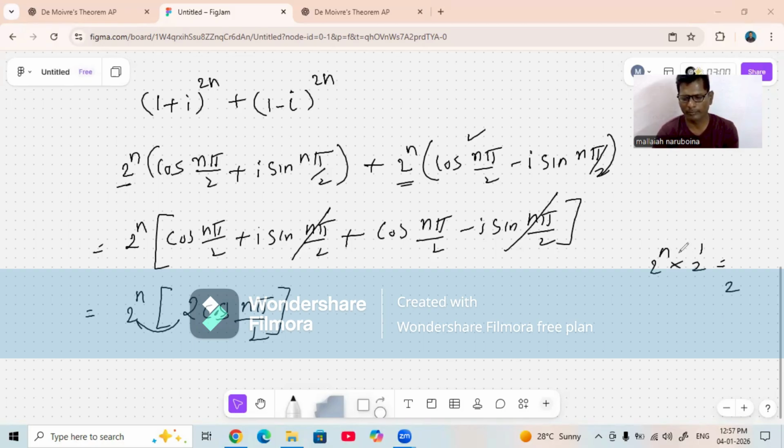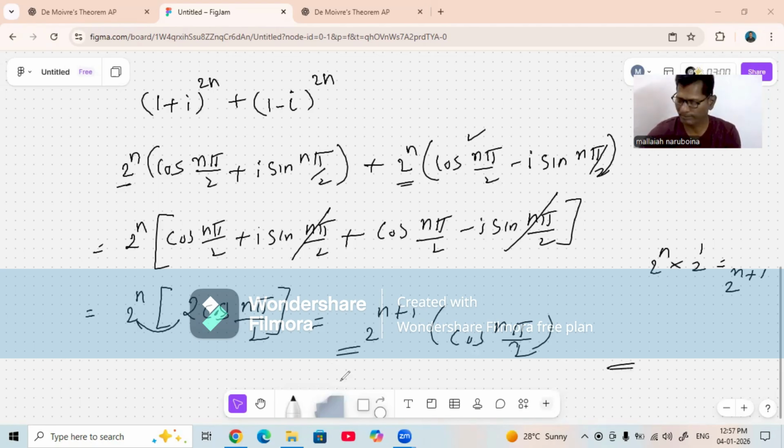Bases are the same, so powers must be added: n plus 1. Right? a power m into a power n is a power m plus n. So the next step will be 2 power n plus 1, write this cos n pi by 2. This we had to show. So in this way you have to solve problems from de Moivre's theorem.